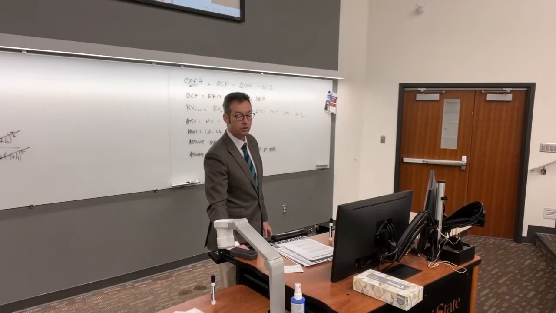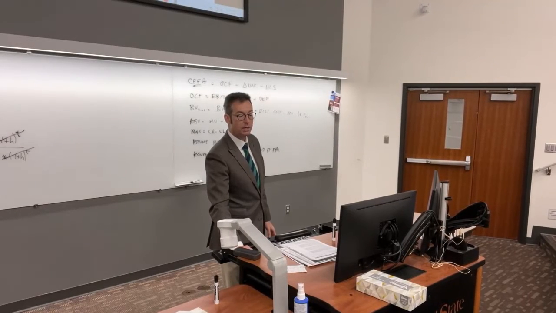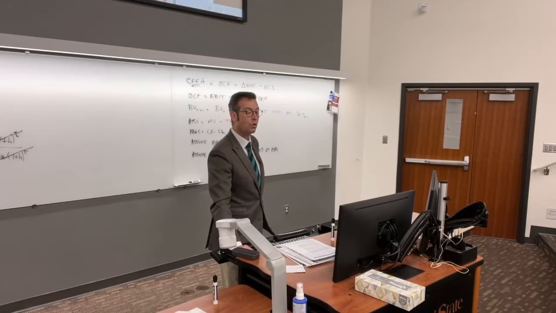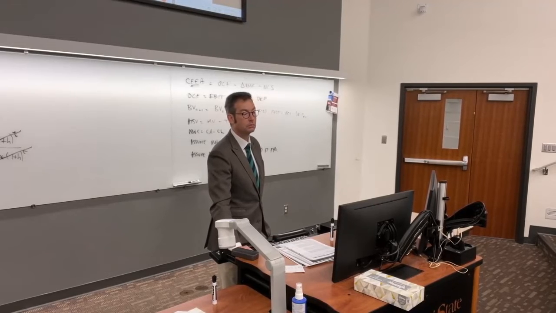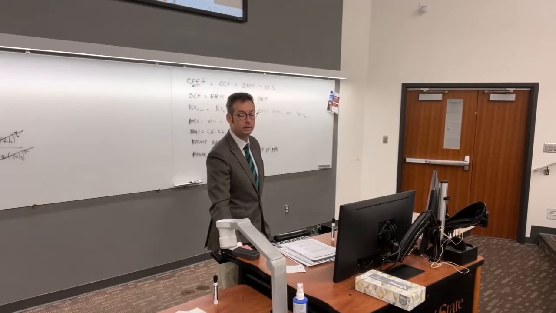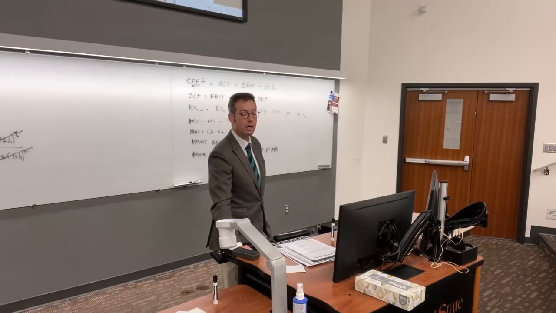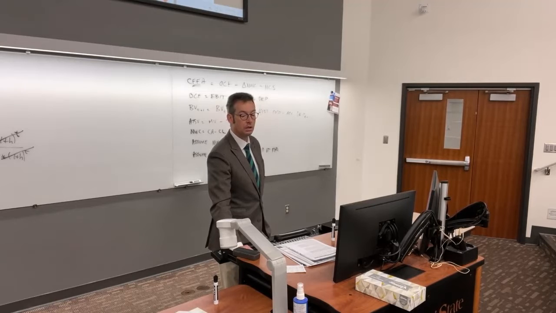CF, second, clear work. What is CF0 for project A? 500. And I've got to hit enter, arrow down. What is C01? 120. Enter, arrow down. What is F01? 3.